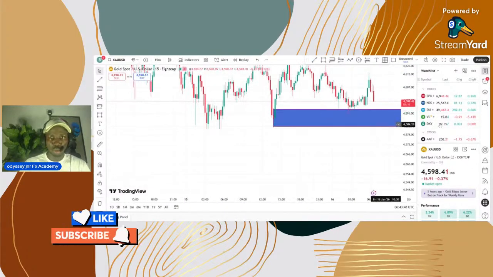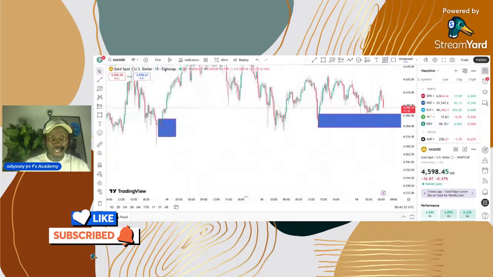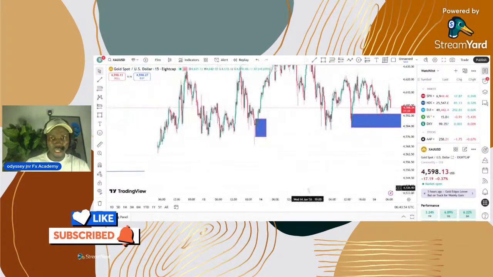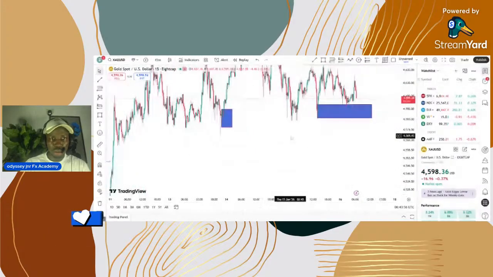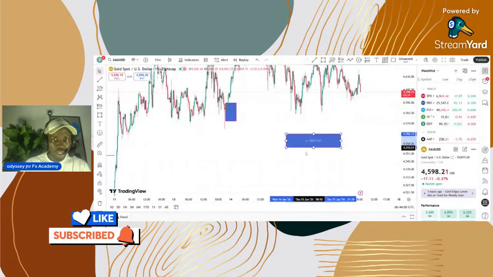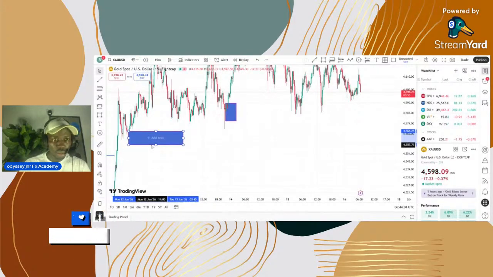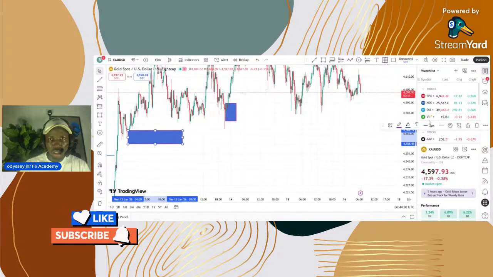So what are we going to be looking at? To me, I'll be extending this. Let me look at the next order block that we have here. We're looking at this order block.